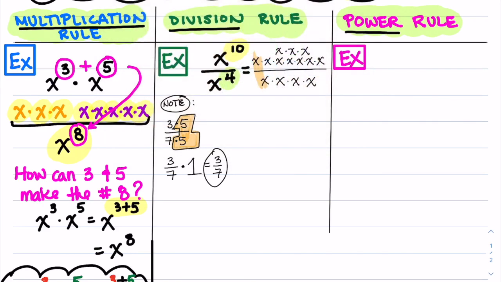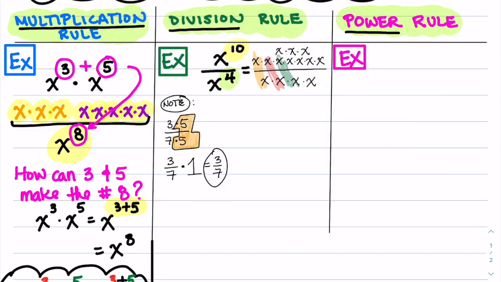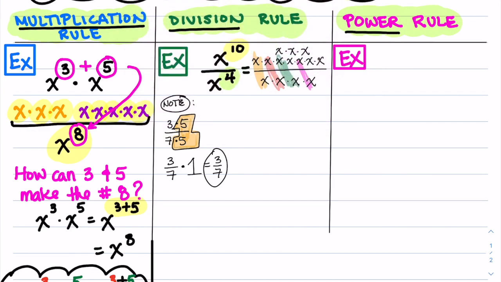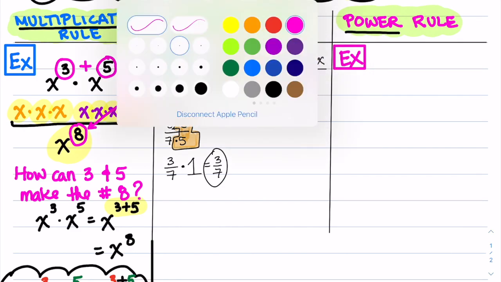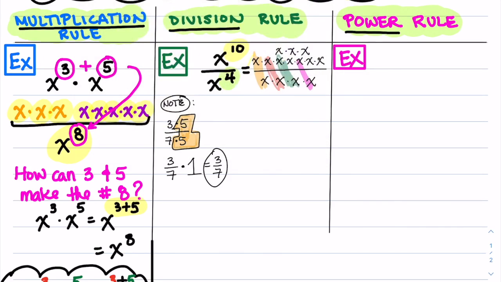I have 2 pairs. I have 3 pairs. I have 4 pairs, right? So you'll notice that I have 4 copies.